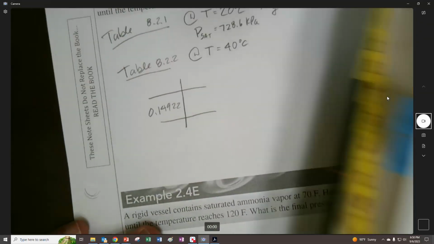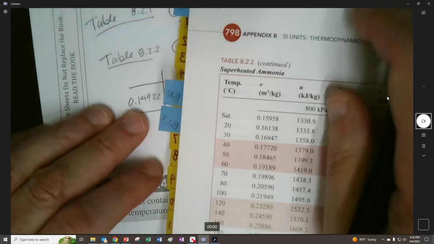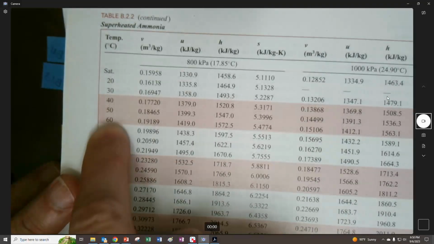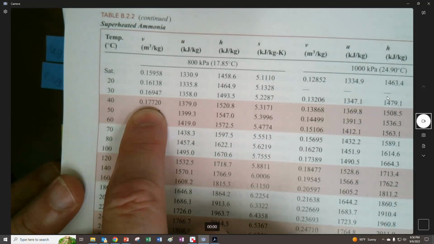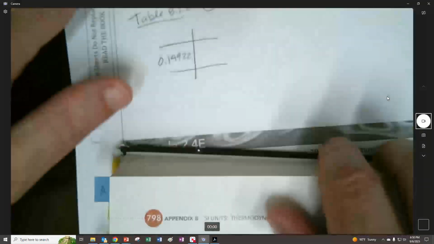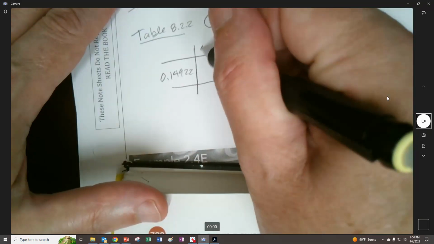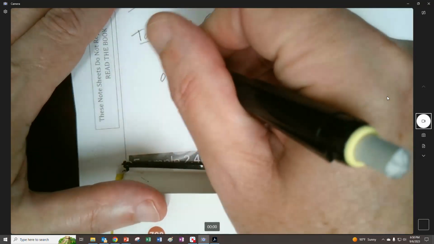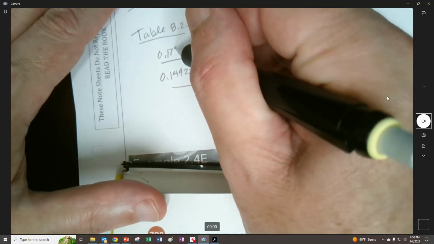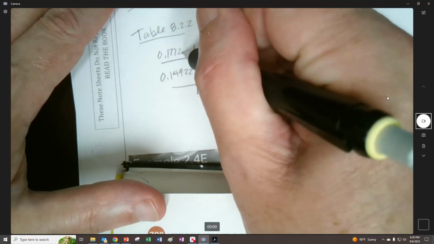Let's see, the one that's over here in the 800 is 0.17720, right? So we'll go 800 and go 0.17720.